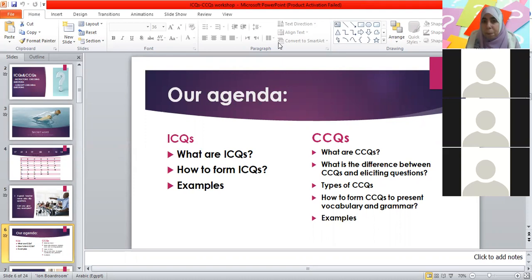What do you think? If I teach my students a word like book, chair, table, and I show them a picture, do I have to ask CCQs for each item that I teach?